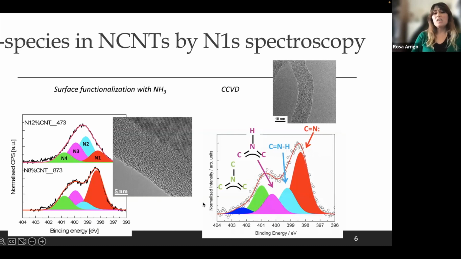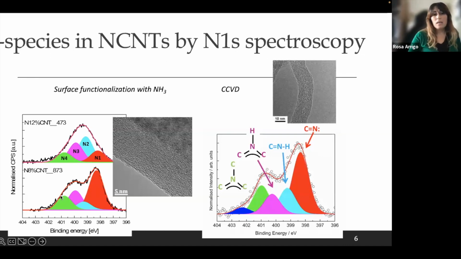Now, what we see here is that the distribution of nitrogen species, we always have a distribution, is temperature dependent. You can see it's very different for the less active system and for the more active system, but it does not depend on the method of introducing the nitrogen species.